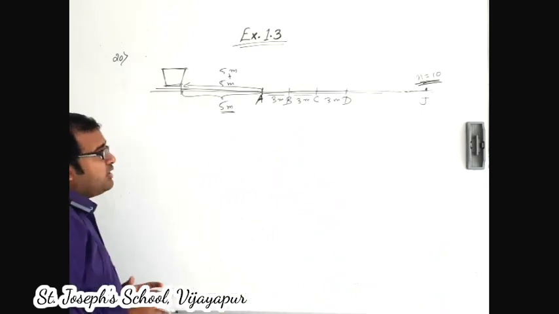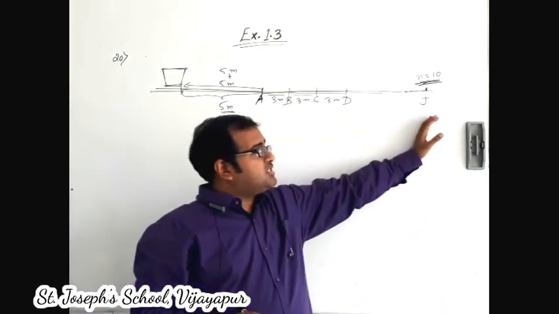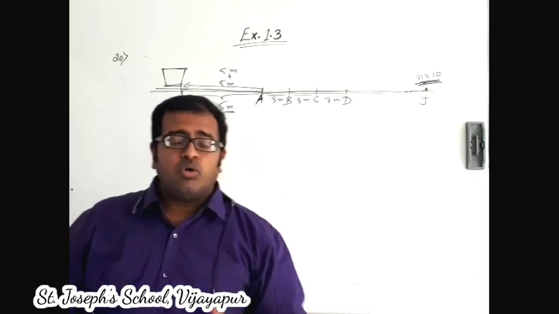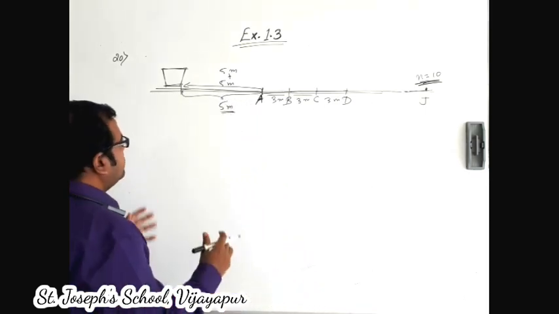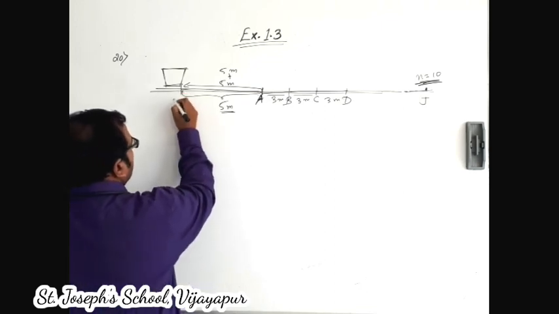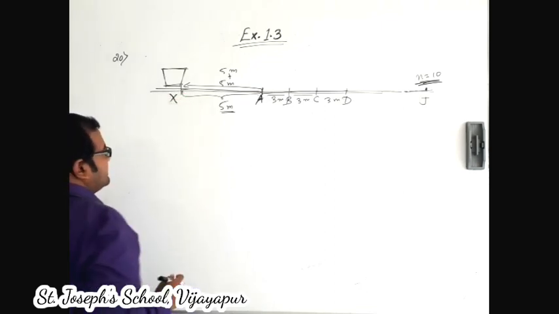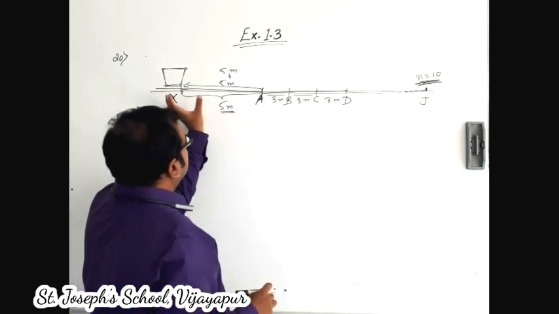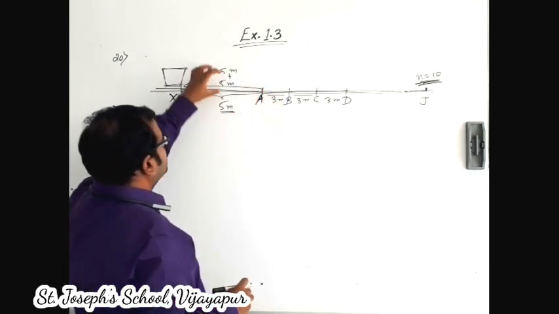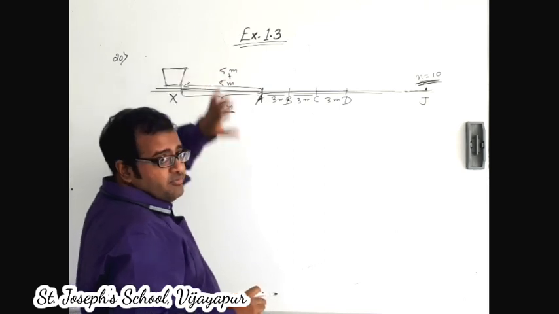We have to find out, once the competitor finishes the whole race, what is the total distance run by the competitor. Let us see what the situation is. Let me call the point where the bucket is kept X. X to A distance is 5 meters. The competitor has to run back 5 meters, so the total distance will be 5 plus 5, 10 meters.